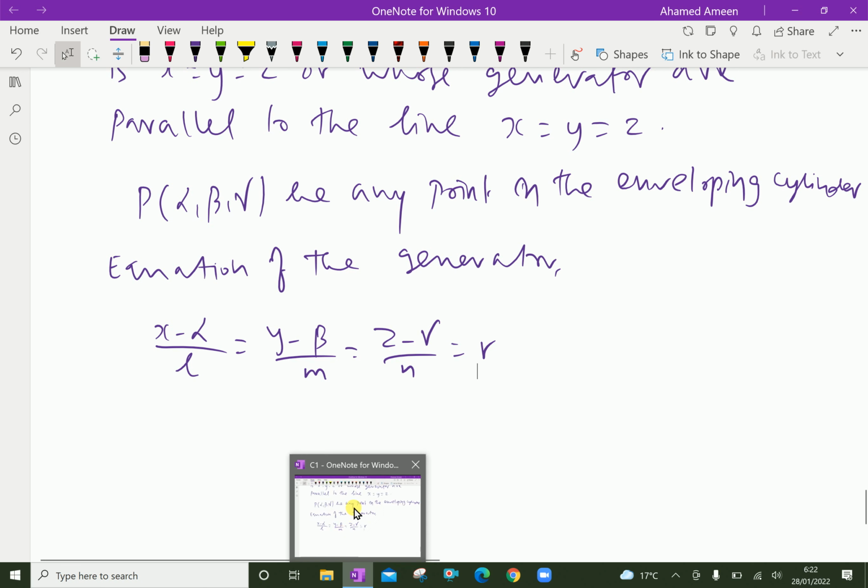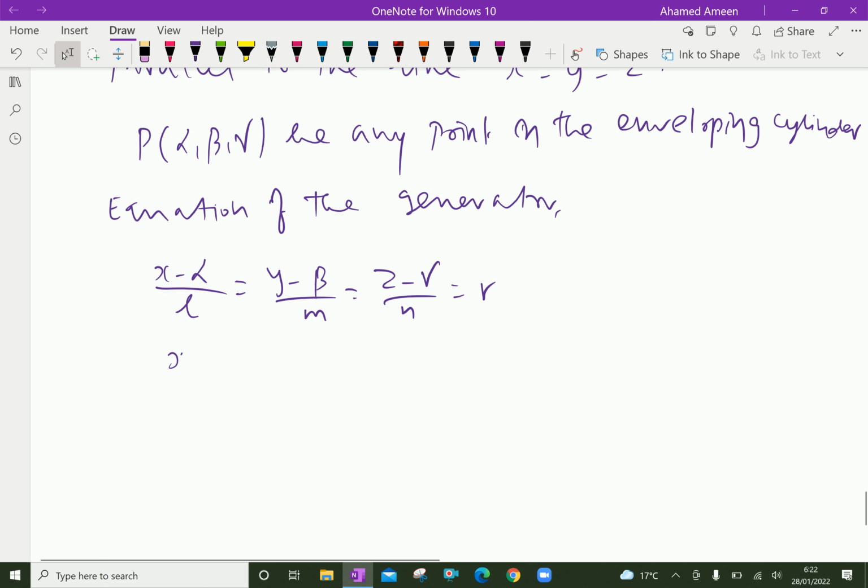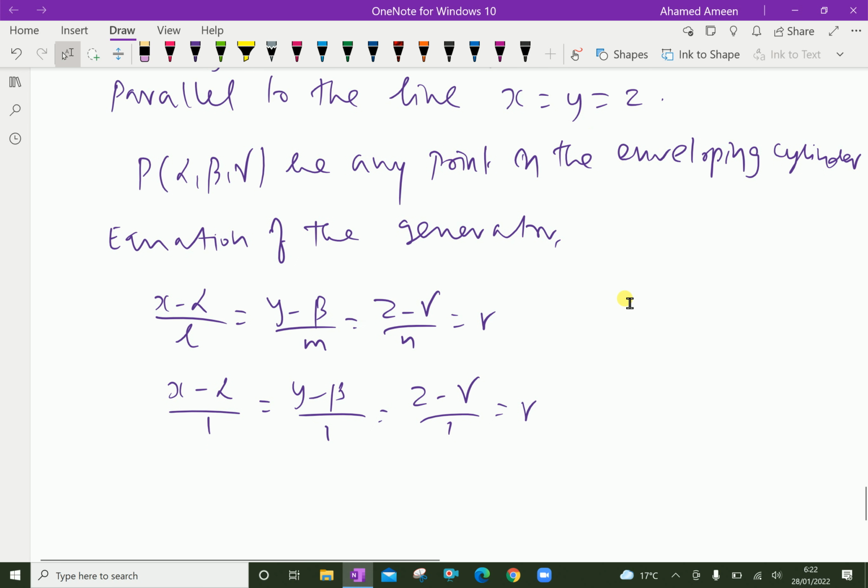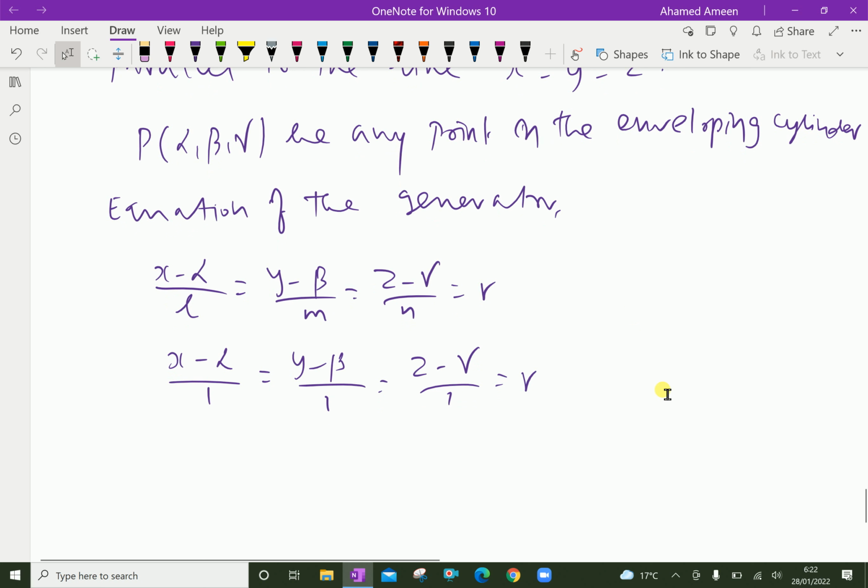Now here the generators are given parallel to x equal to y equal to z. Therefore the equation is (x minus alpha) over 1, (y minus beta) over 1, (z minus gamma) over 1, since x equal to y equal to z is a generator line whose ratios are 1:1:1.